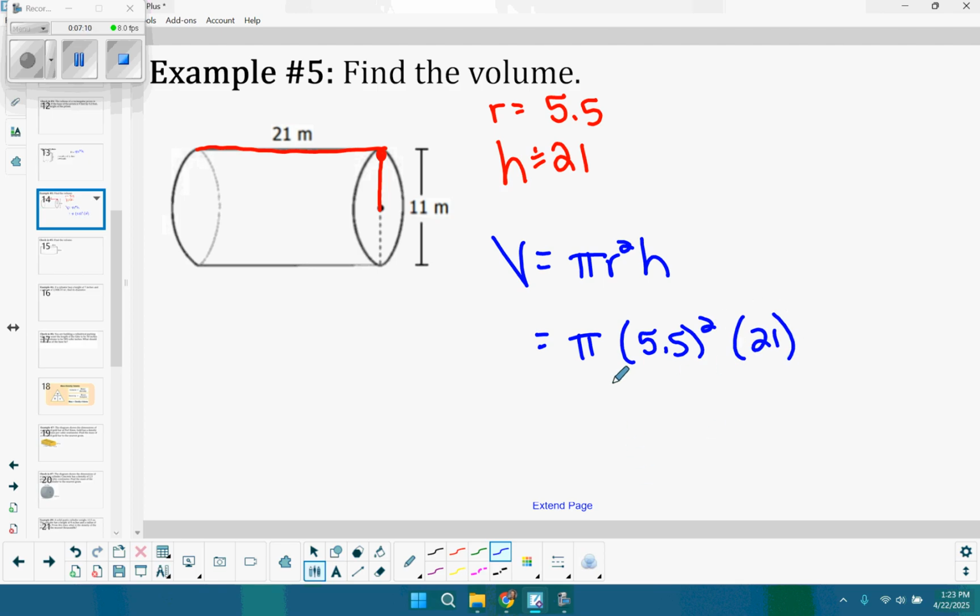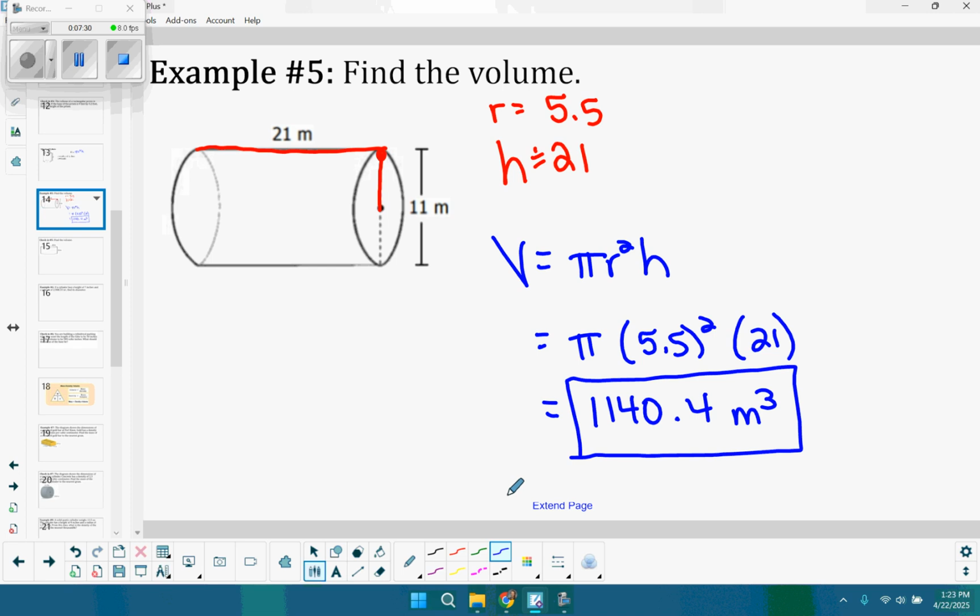What I'm going to do in my calculator, I'm going to do 5.5 squared, then times 21, and times pi. I find doing my squared first makes sure I'm not accidentally multiplying before I squared things. And I'm also going to use the button on my calculator that has the pi symbol. So some calculators, it's on the left-hand side, just kind of midway.